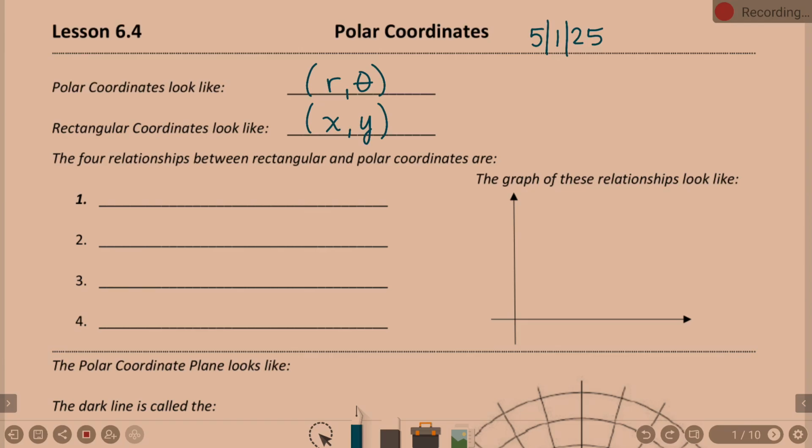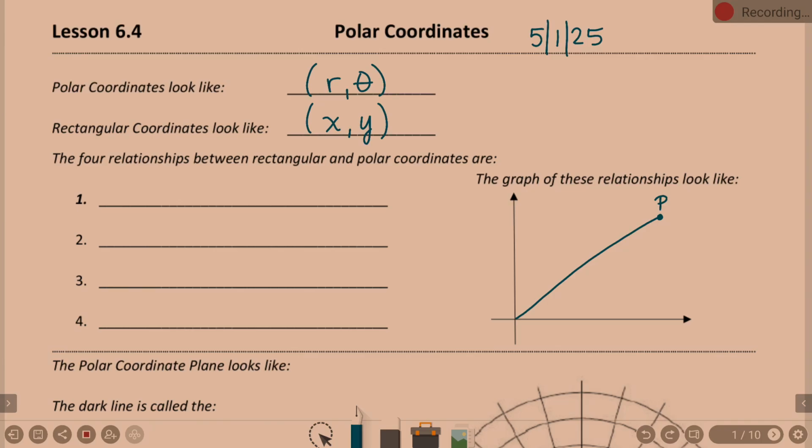Now, here in a moment, I'm going to talk about 4 connections or relationships, and those relationships will connect rectangular coordinates and polar coordinates. But before I do that, I want to look at a graph here. If we talk about a point, I'm going to call it point P. How do you get to P in terms of rectangular coordinates?